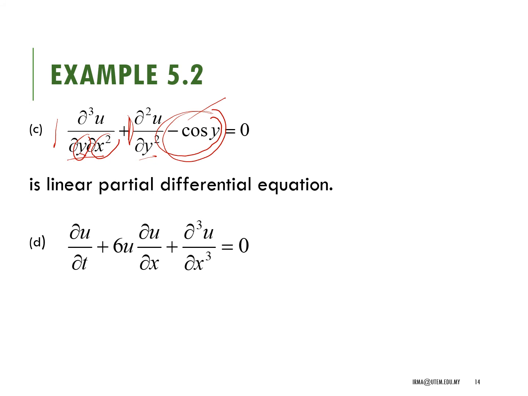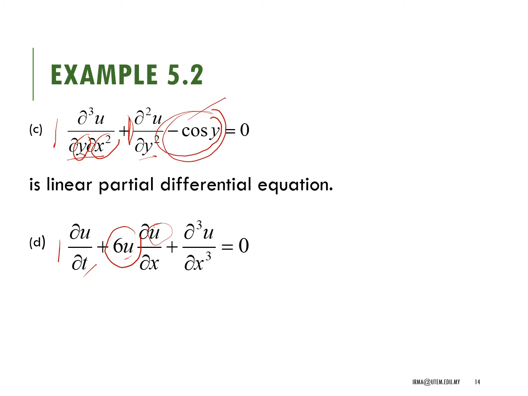Okay, next is del u over del t plus 6u del u over del x plus del cube u over del x cube equal to 0. The first term is 1, so it's constant, then it's okay. The second term we have 6u. So 6u is not in the form of x, or in this case x and t. It's u, the same as the dependent variable.